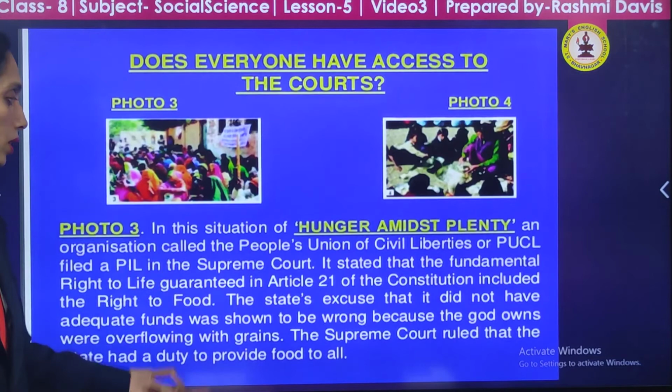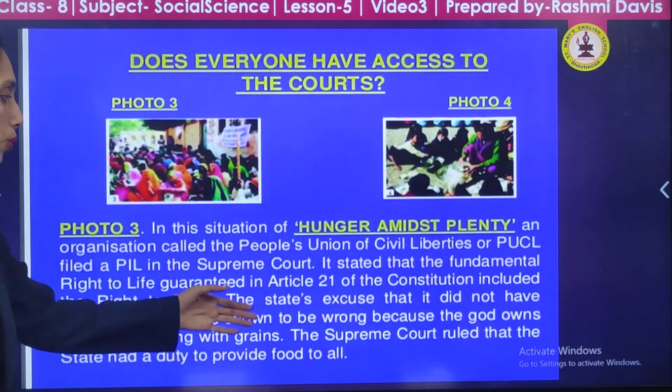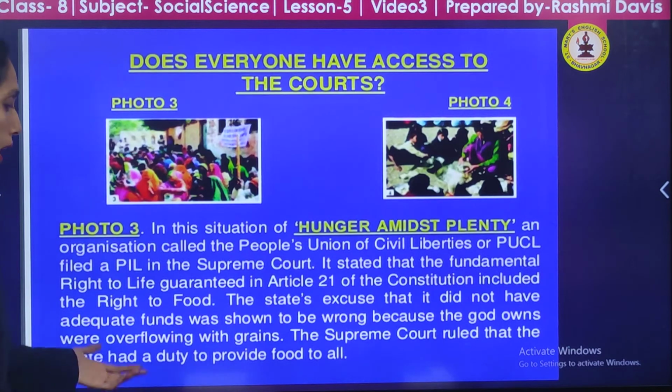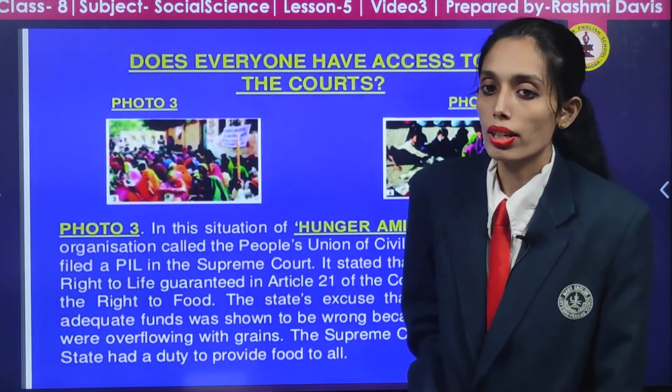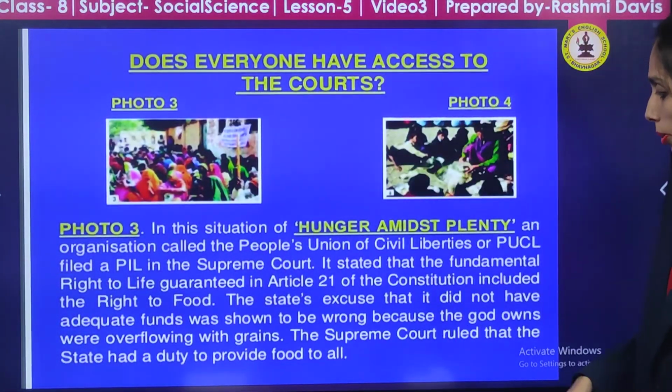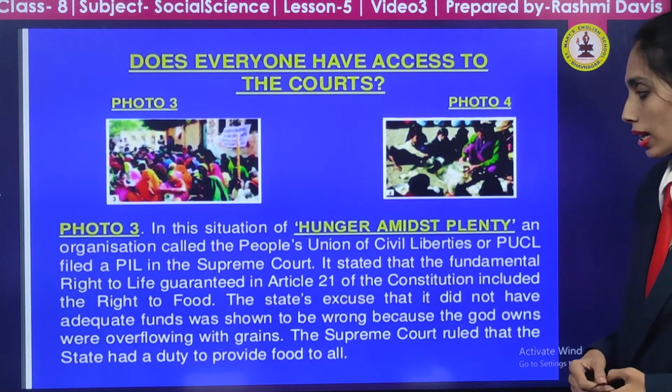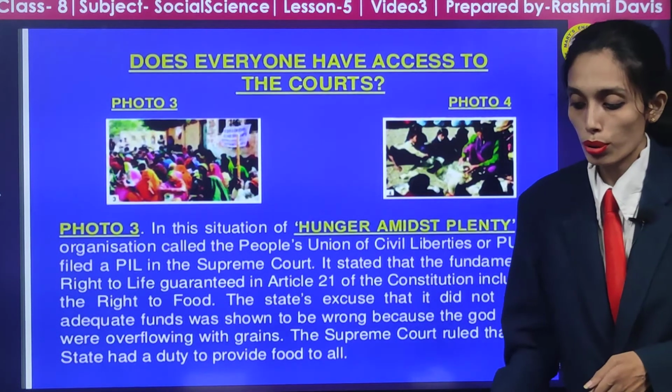So the state's excuse that it did not have adequate funds was shown by wrong means, and the godowns were overflowing with grains, which you could see. So Article 21 supported the people. The Supreme Court ruled that the state had a duty to provide food to all.